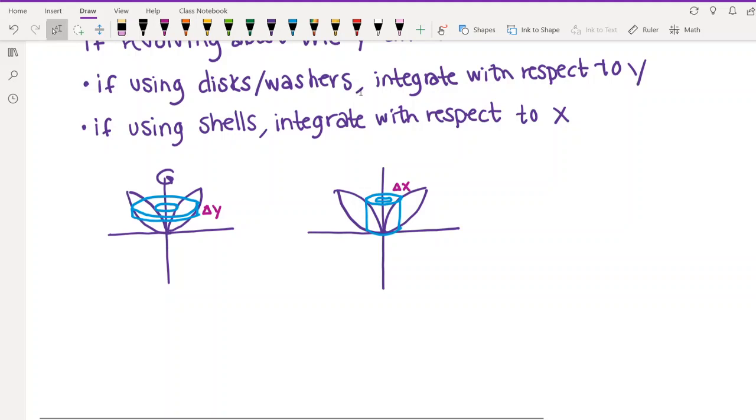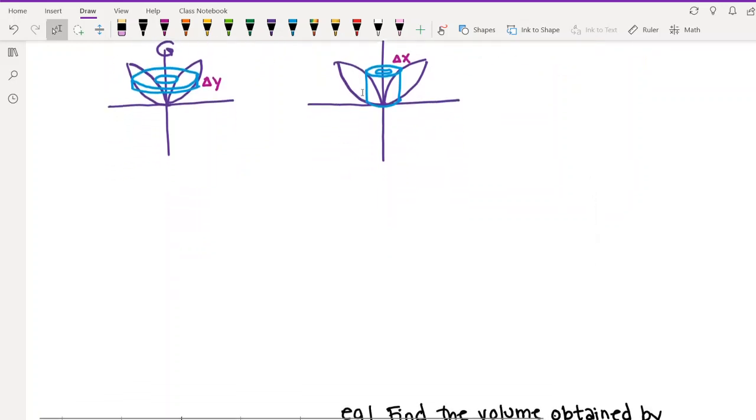So why is this important? Well, there are going to be some situations where either method will work, but sometimes the limitation of which variable you're integrating with respect to will force you to use one method or the other. So let me summarize that, and then we'll look at an example. When I say your function, I mean the curves you're given as your boundaries.